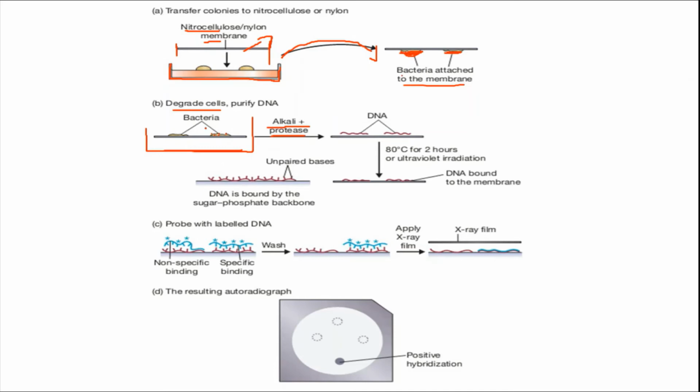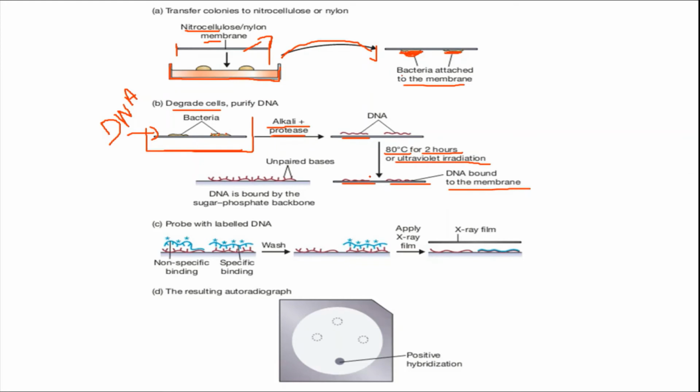Here the alkali, protease, toluene and other reagents are in DNase-free form, so the DNA cannot be degraded and is still attached to the membrane. Then using 80 degrees centigrade for 2 hours, the entire DNA is fixed in the membrane, or ultraviolet radiation is used to fix the DNA into the membrane.